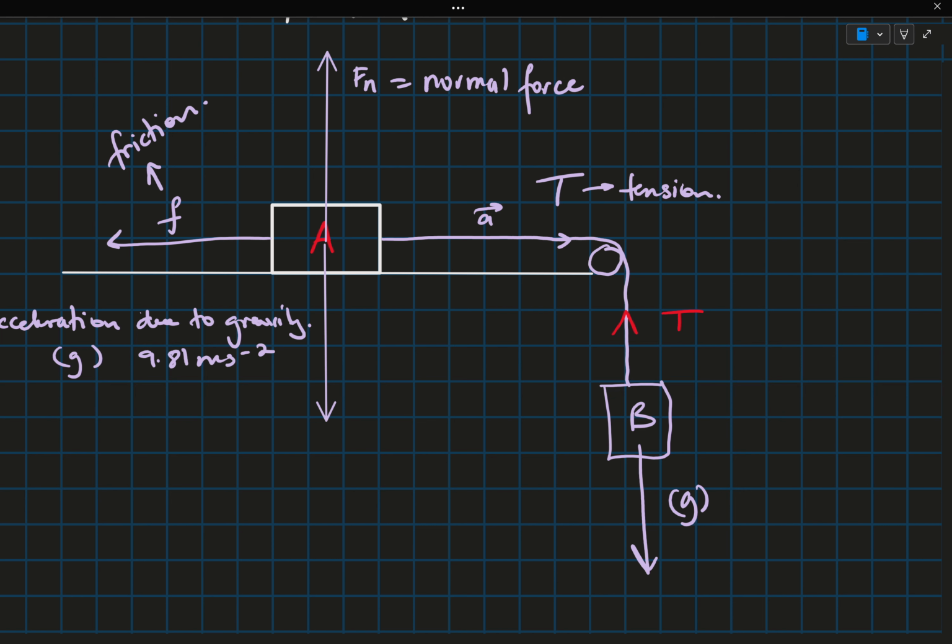So really and truly what's happening here is gravity times the mass of the box itself, which is the weight of the box, right? So these downward arrows are actually the weight of the objects. Mass times acceleration due to gravity is equal to the weight. Is that clear? Any questions?